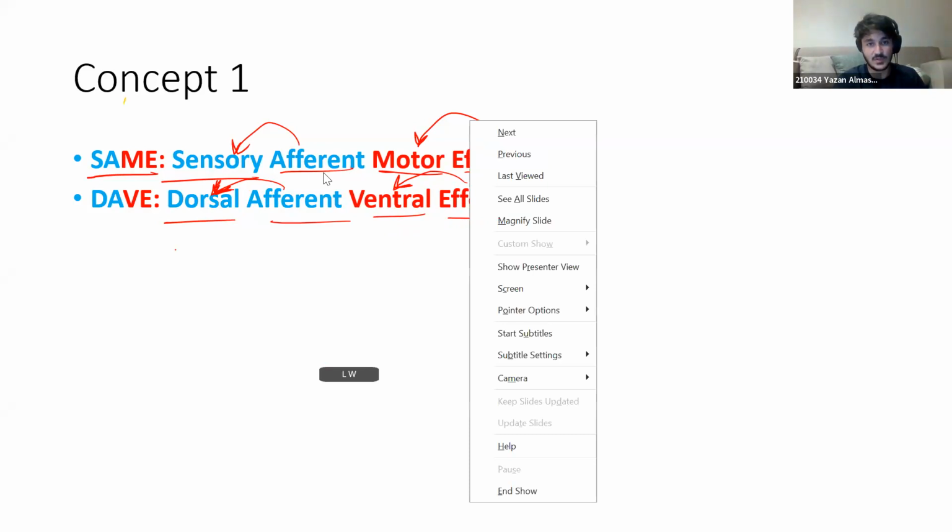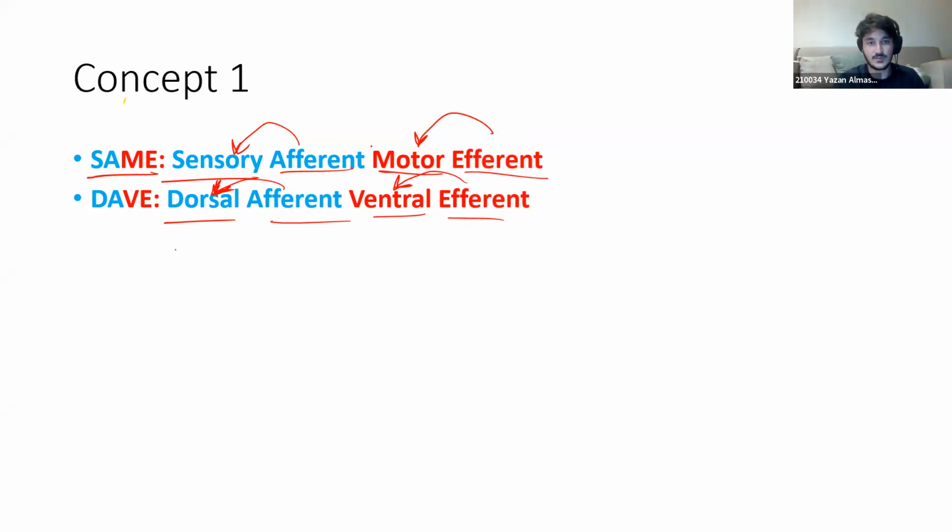Oh, someone is trying to join in with the drawing. Okay, so I'm gonna try to draw the spinal cord to make it easier for you guys. I'm not an artist, so hopefully this is fine.